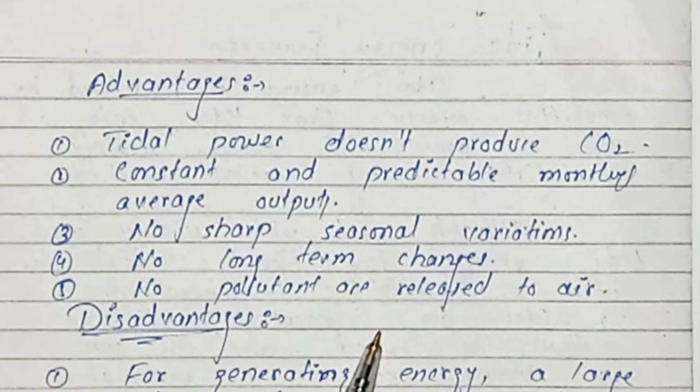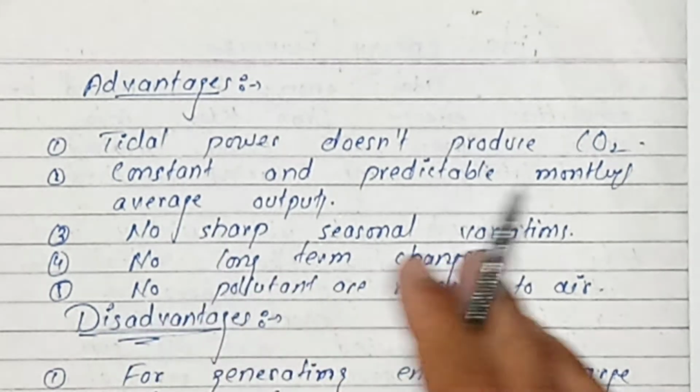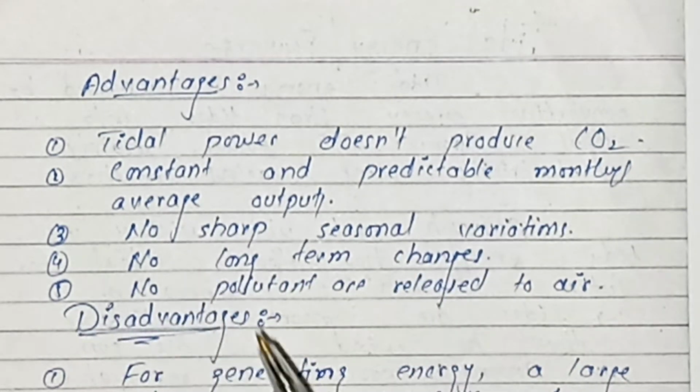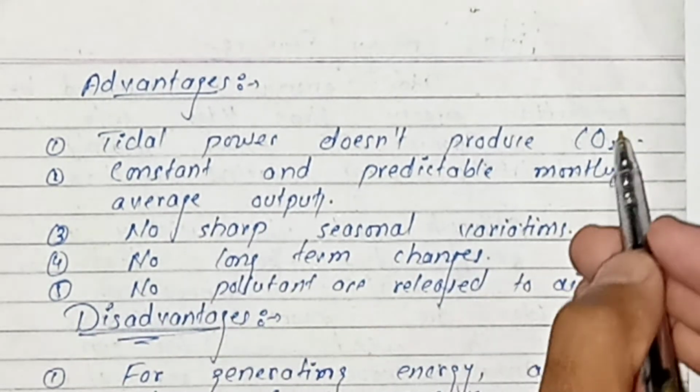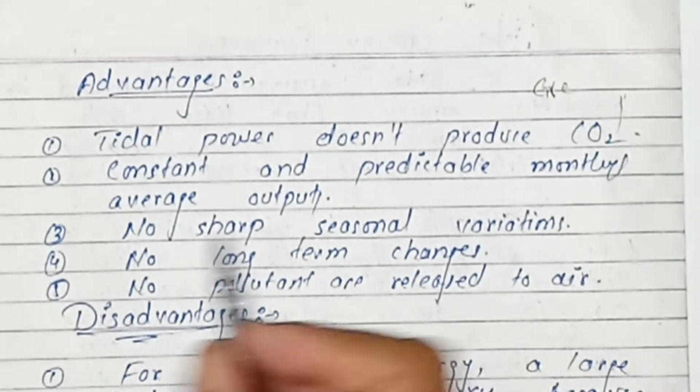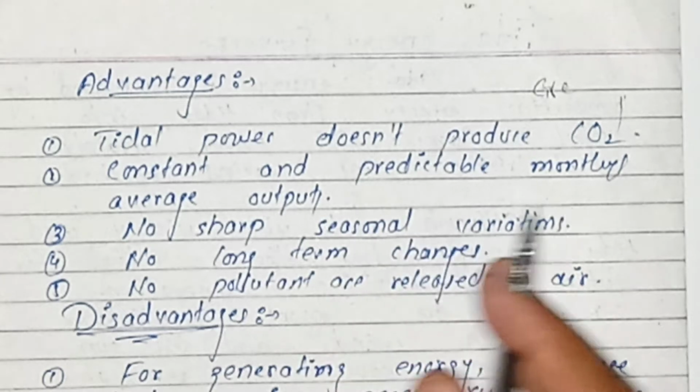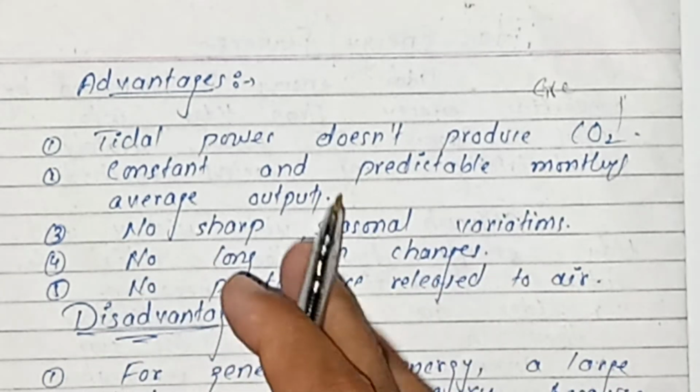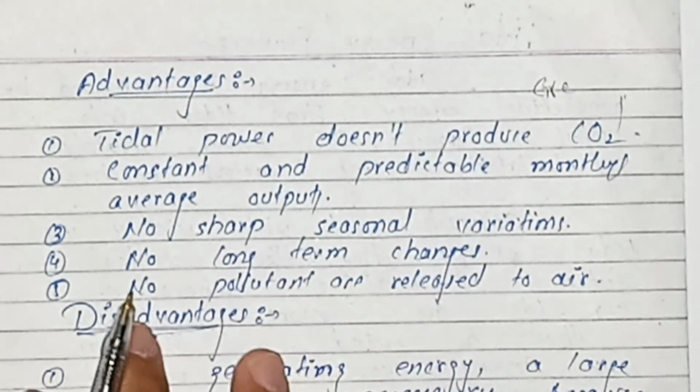What are the advantages of tidal energy? It doesn't produce CO2, which means it doesn't pollute the atmosphere or produce greenhouse gases. It also has a constant and predictable monthly average output, with specific monthly average outputs.